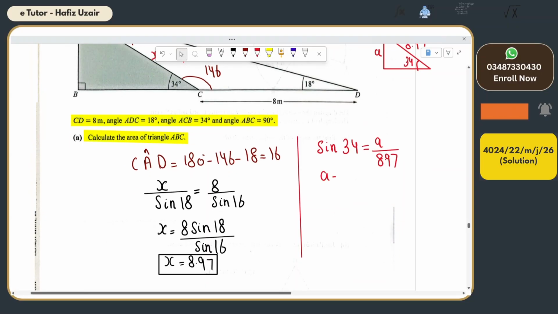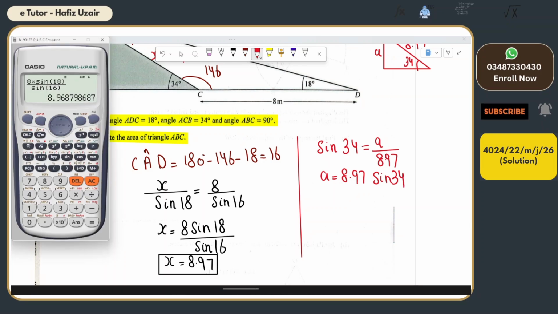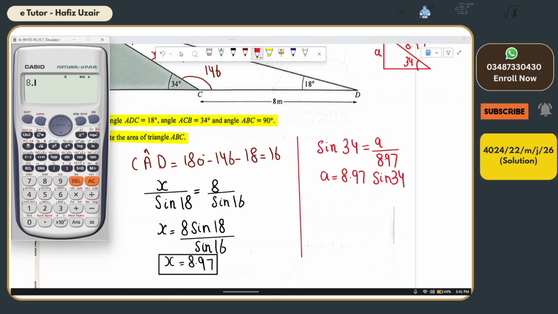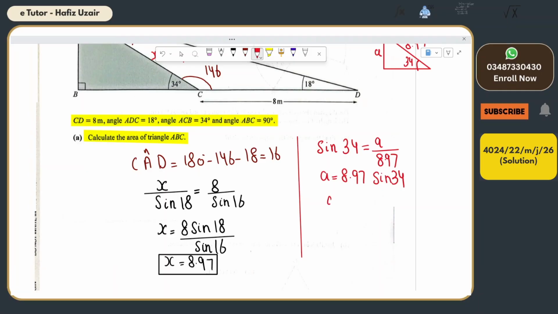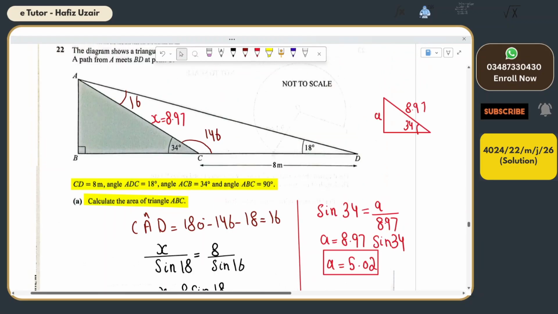So A will be equal to 8.97 times sine 34. The value is 5.02. So A will be equal to 5.02. Now this side is actually 5.02.